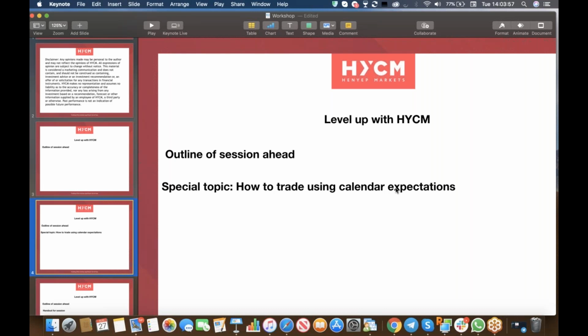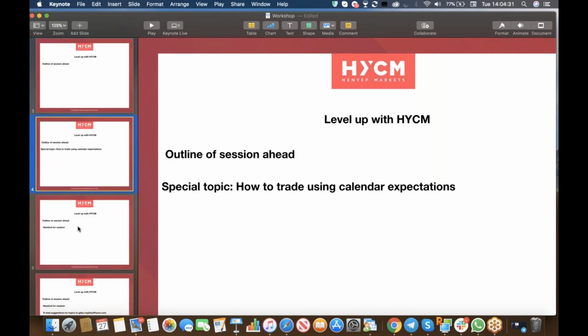Ideally from a Monday, you can find trades that are likely to be moving in a certain direction up until a certain news release. I'll explain more in detail when we get to the section, but it's a really good and helpful tool to have in your trading arsenal. Each week it's worth looking ahead at what's coming up for the following week, and I'll show you how to go about making those kind of decisions and what you need to look for. We'll cover it in more detail as we get towards the end of the webinar.